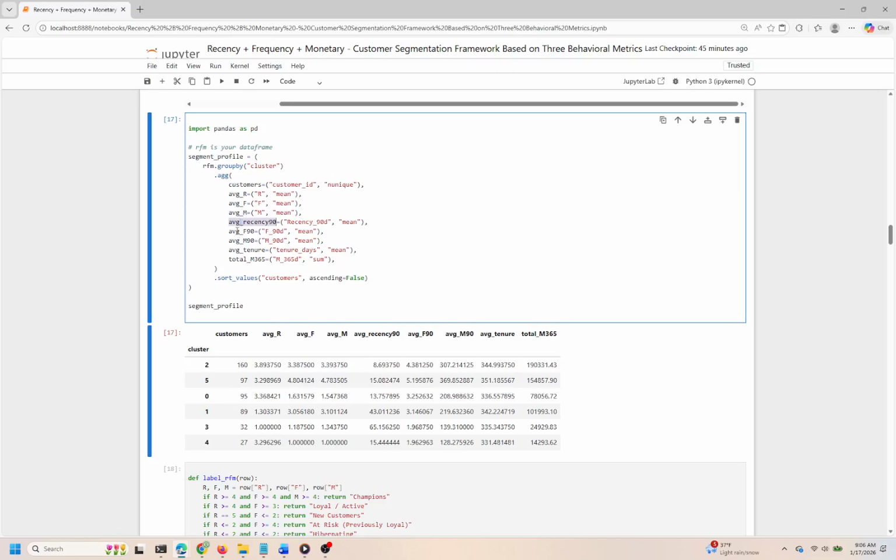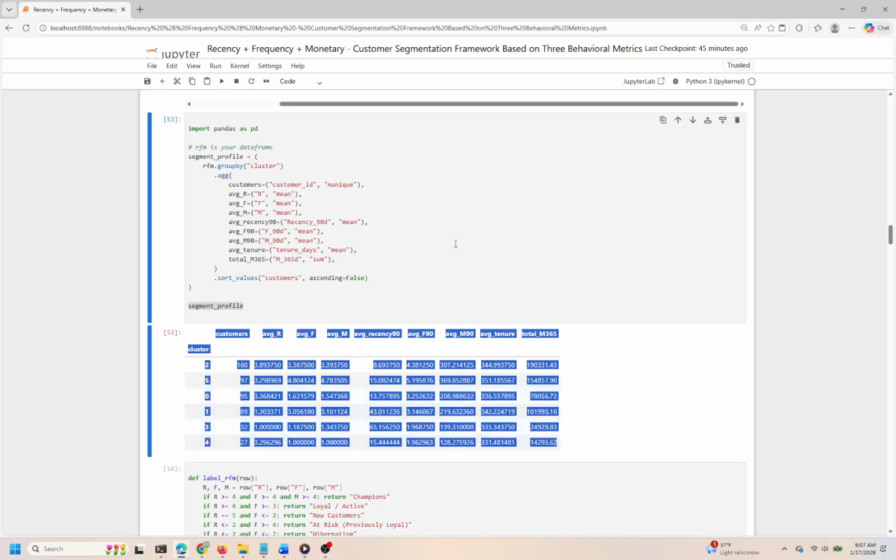We start by grouping the data by a variable labeled cluster, which represents different customer segments. Within each segment, we then apply various aggregations to calculate metrics that provide a clearer picture of customer behavior. For example, we are counting the unique customers in each segment by employing the unique function on customer ID. This is essential because it gives us insight into the size of each customer segment.